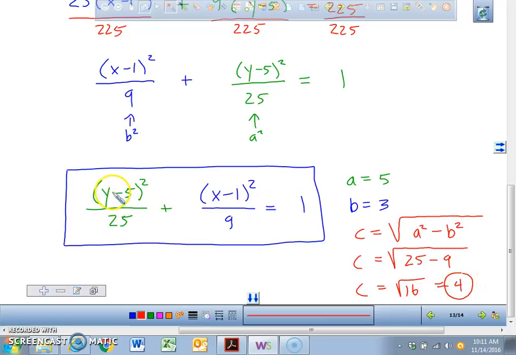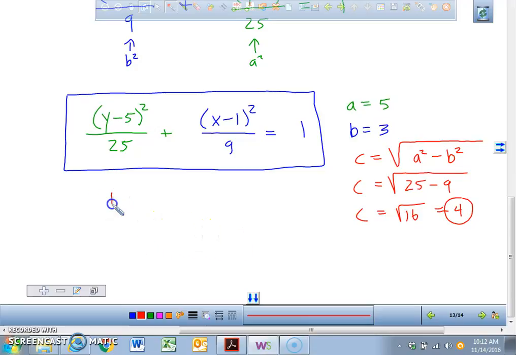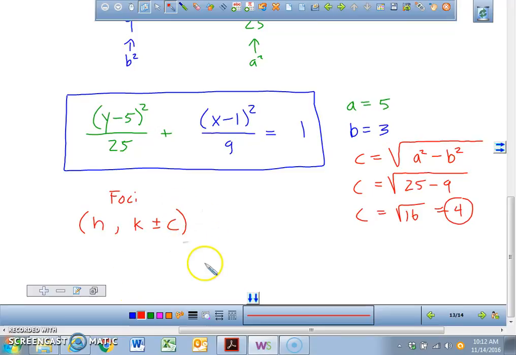If we're going vertically, everybody, which we are going to be going vertically when we graph this, I want you to understand the location of the foci is going to be H, comma, K, plus or minus whatever your C value is.